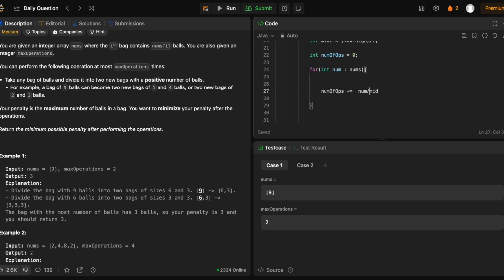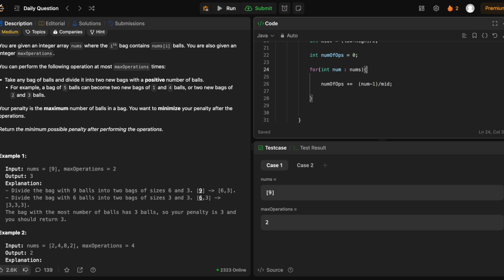Okay, so num minus 1 divided by mid, because we want it to round up.